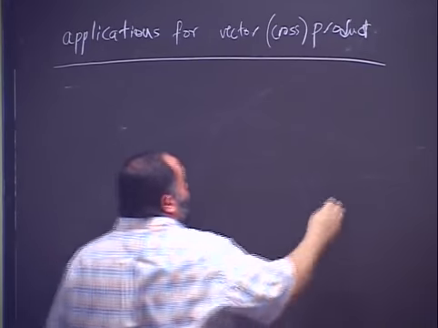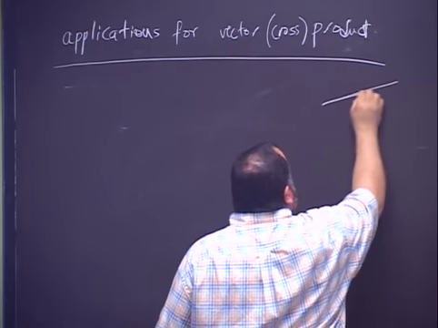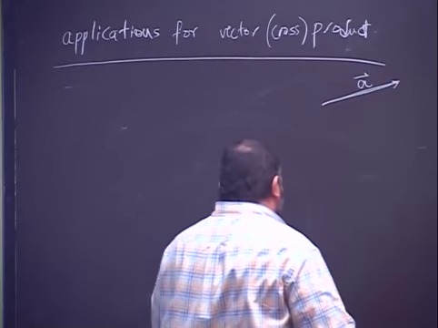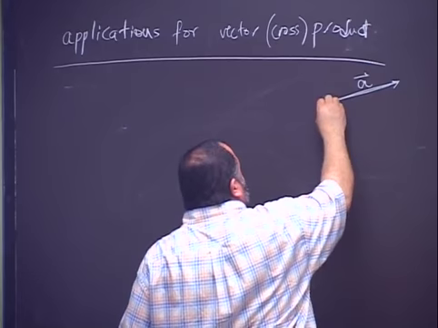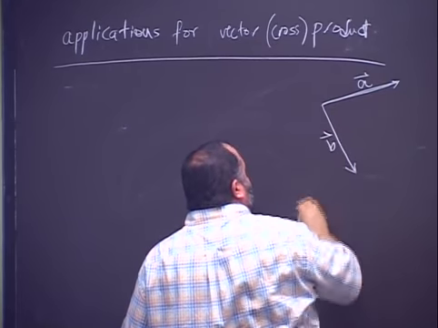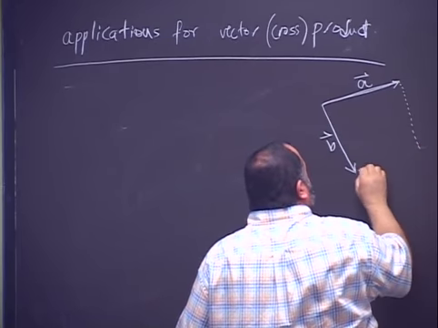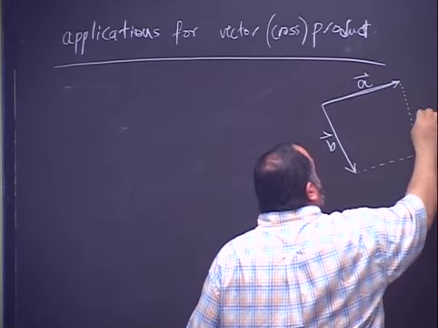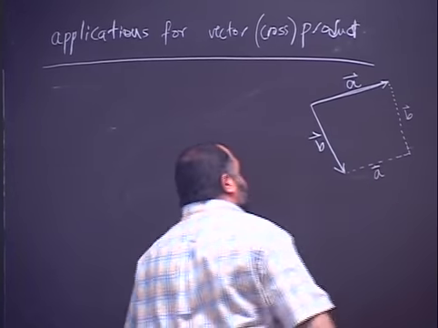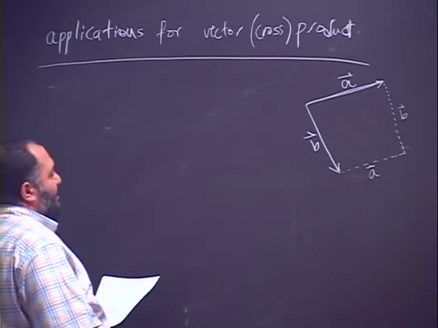So if we have a vector A and another vector B, and we make the same vector here B, and this is the same vector A, so this is something like a square or a rectangle.